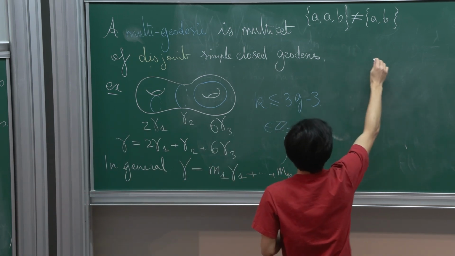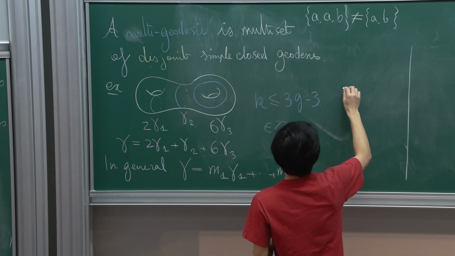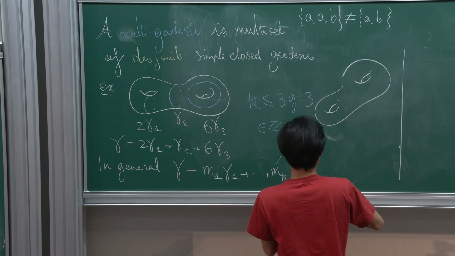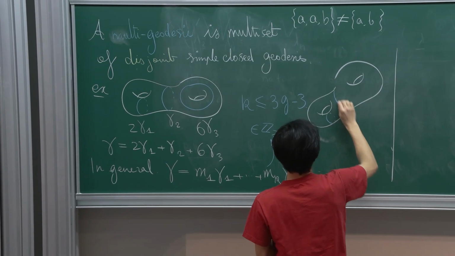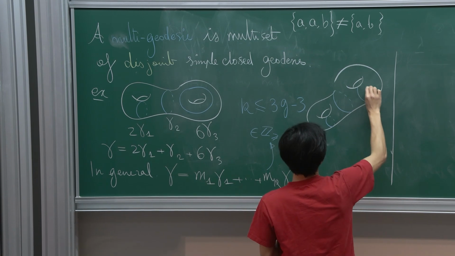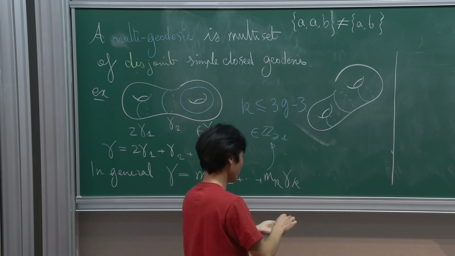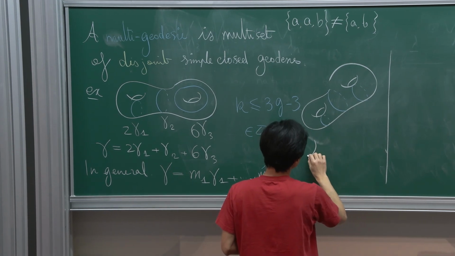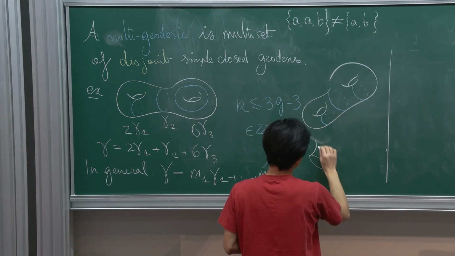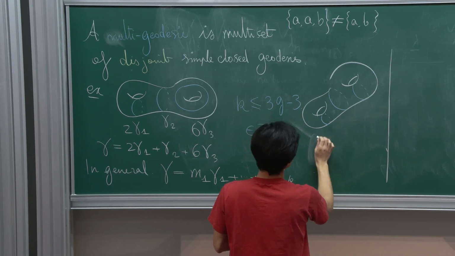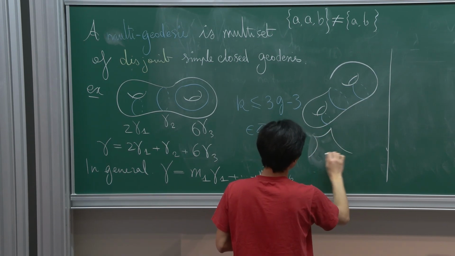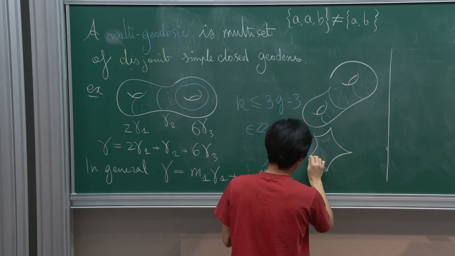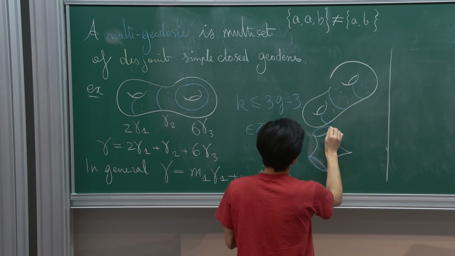maybe I'll also give you an example here. A pants decomposition is something like this. Actually, this one is already a pants decomposition. And once you cut your surface along those curves, you get all the pieces with boundary like this.